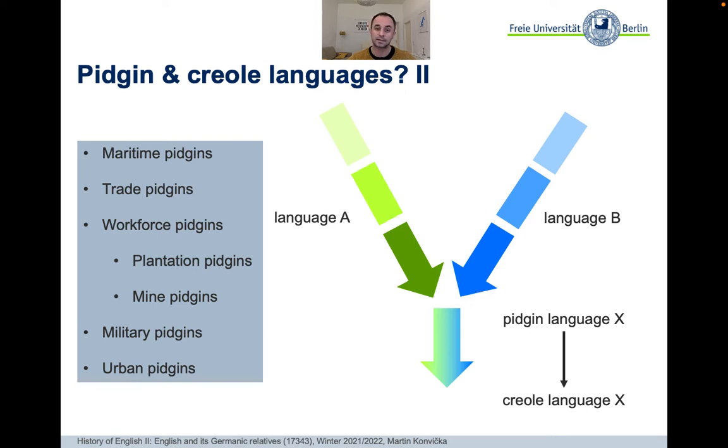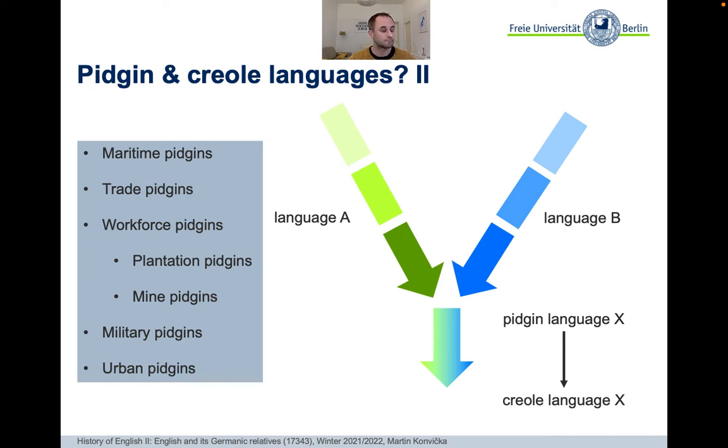The major context for which Creole languages and Pidgin languages are known nowadays is, of course, colonization and the contact between the language of the colonizers and the language of the colonized. This is probably the majority of cases that we know of, but it's not the only possible situation where pidgin languages evolve.